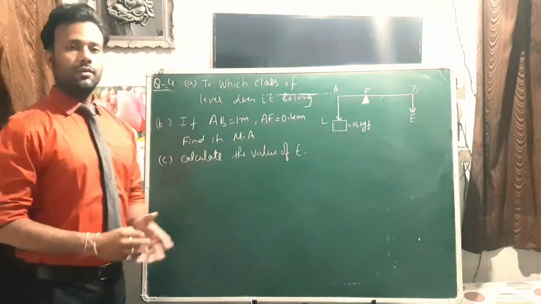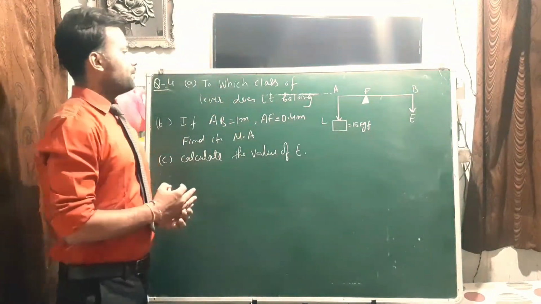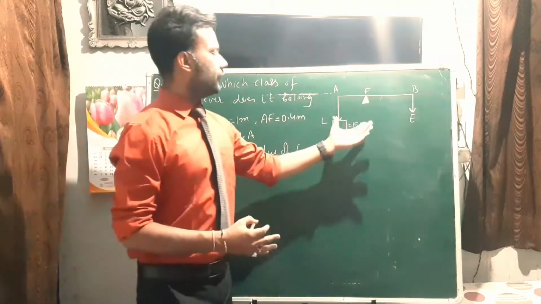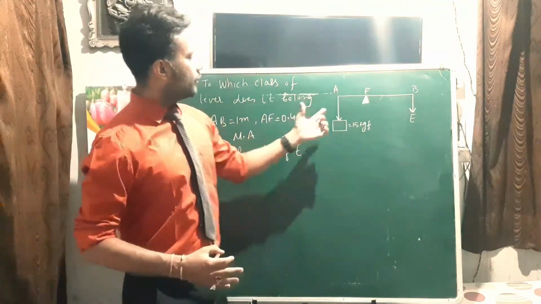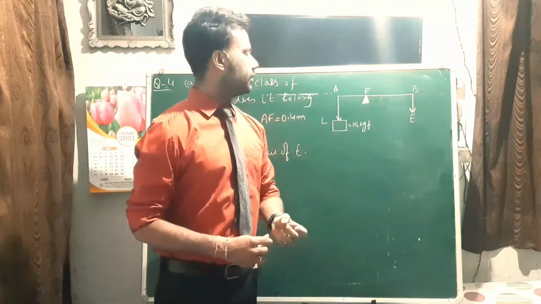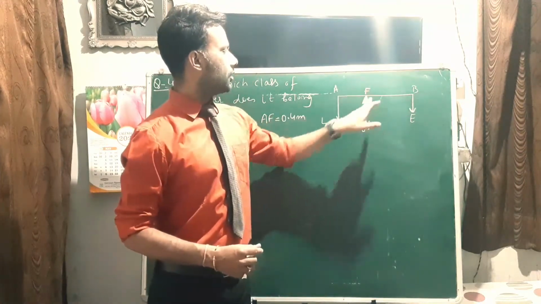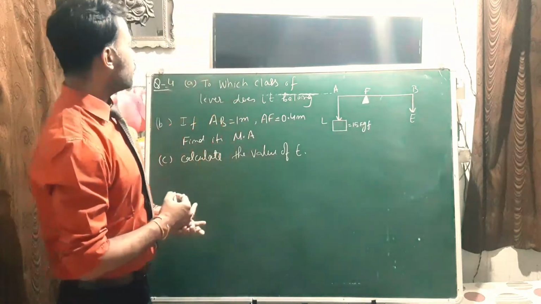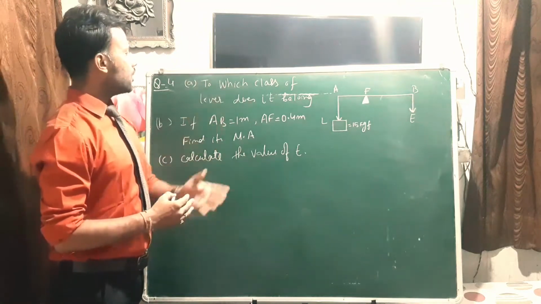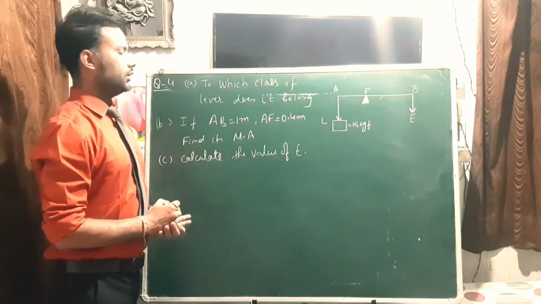So here's question number 4, which says we have a diagram, a figure in which we have a beam AB and this is the fulcrum F. First, you have to tell to which class of lever does it belong.